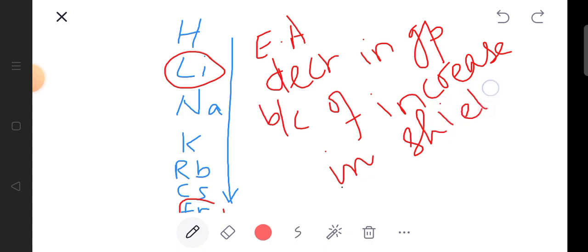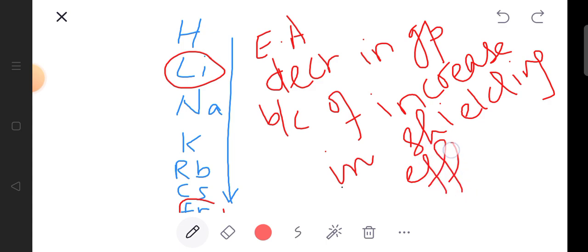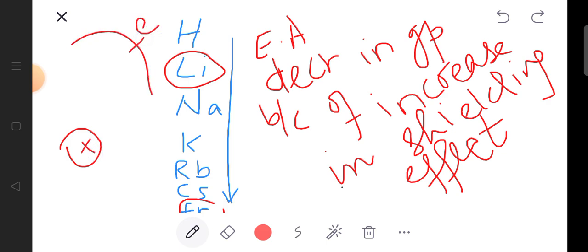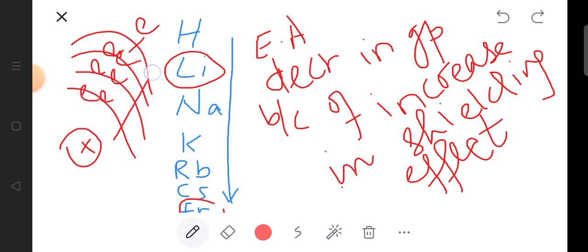The number of electrons in the inner shells, between the valence shell and the nucleus, is called the shielding effect. So due to the increase in shielding effect, the electron affinity decreases.